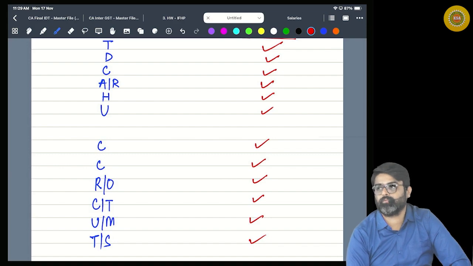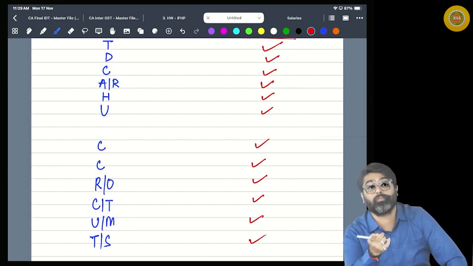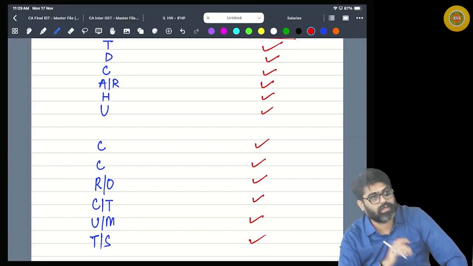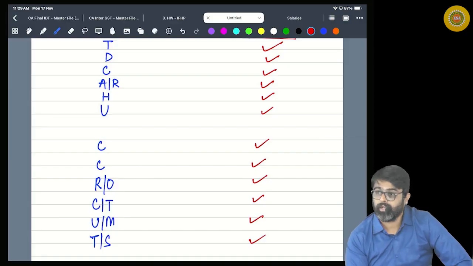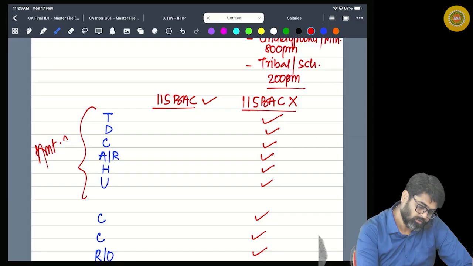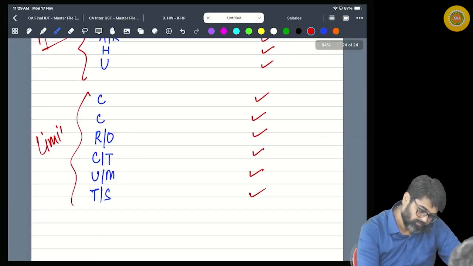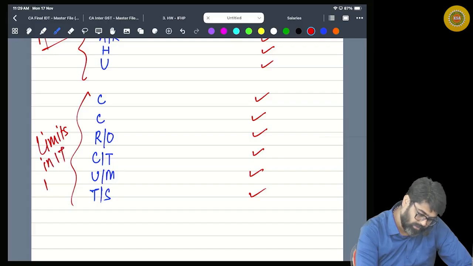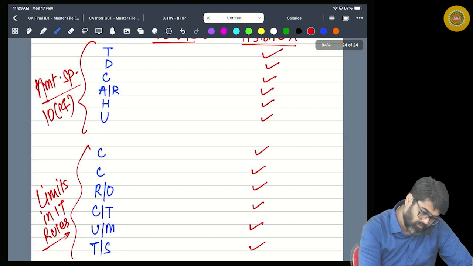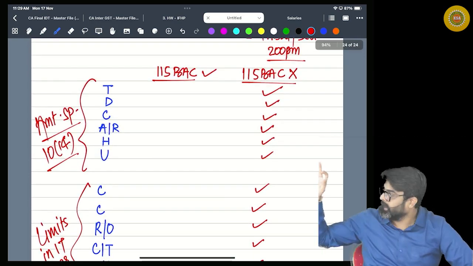You can claim the exemption for all these allowances, whatever discussion I have done, assuming we are shifting out. Under section 10(14), these are exempt on the basis of amount spent. And these are exempt on the basis of limits in IT rules. Yes or no? So exemption for all these allowances can be taken.